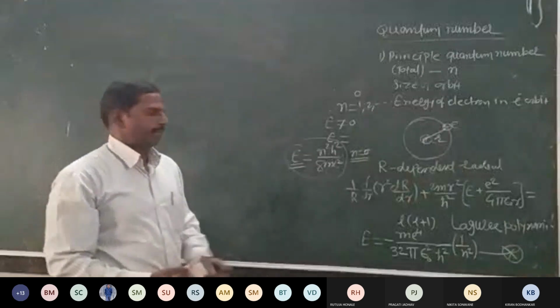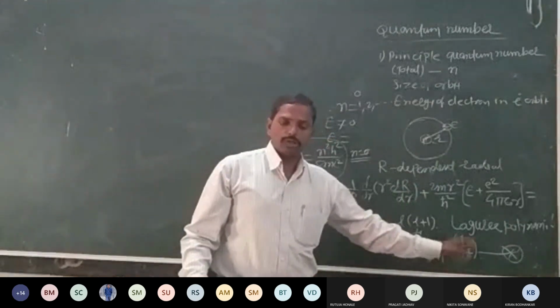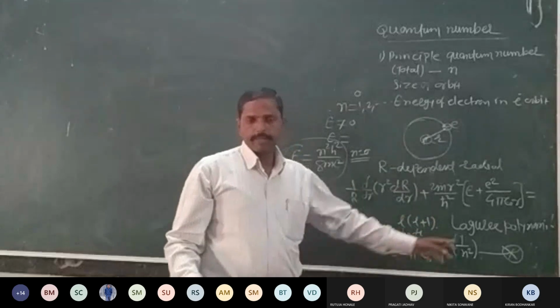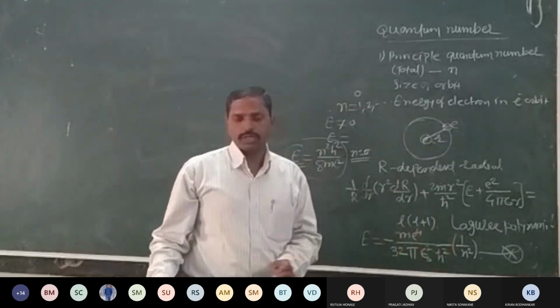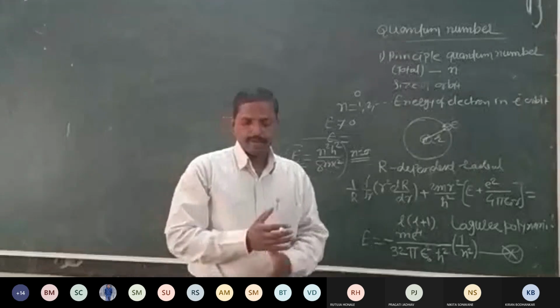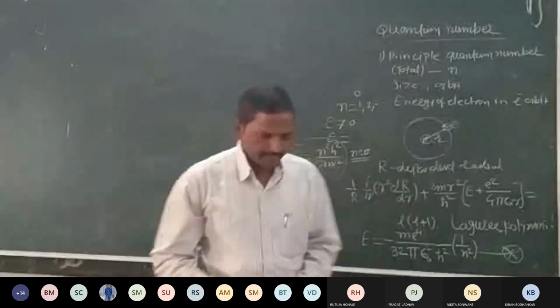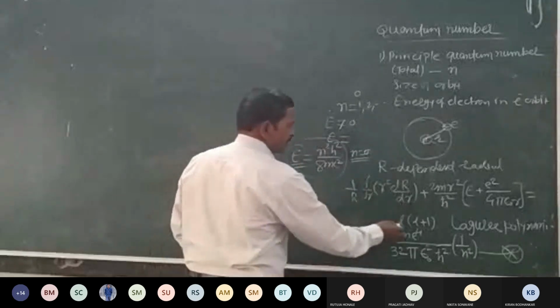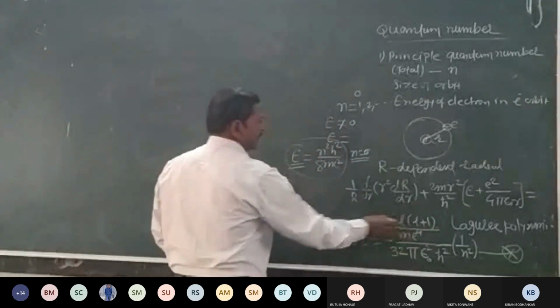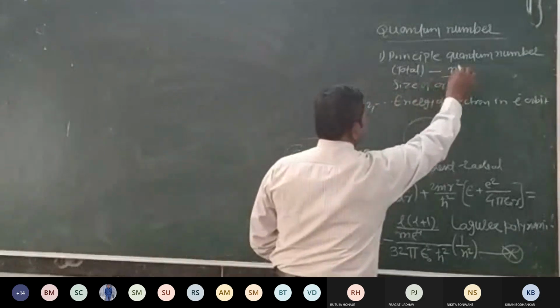And this is the value of energy, where n is the principal or total quantum number. Okay, and by using this, आता इथं बघा, आता हा जो L आहे, L ला काय म्हणलं मी? N is principal quantum number.